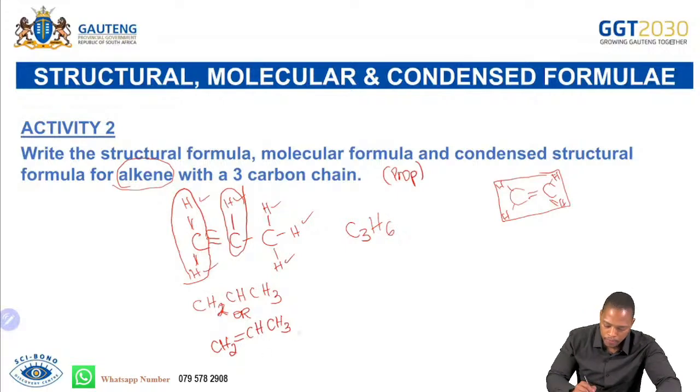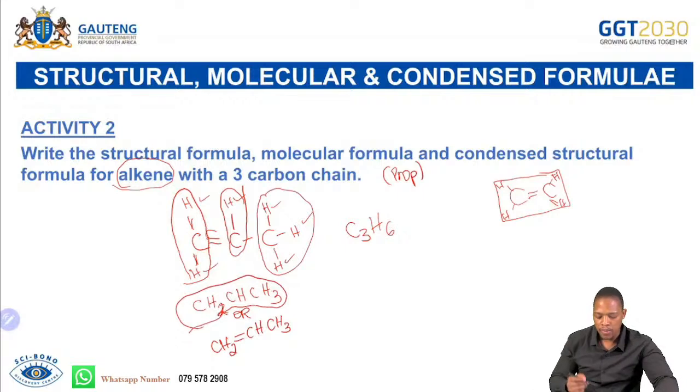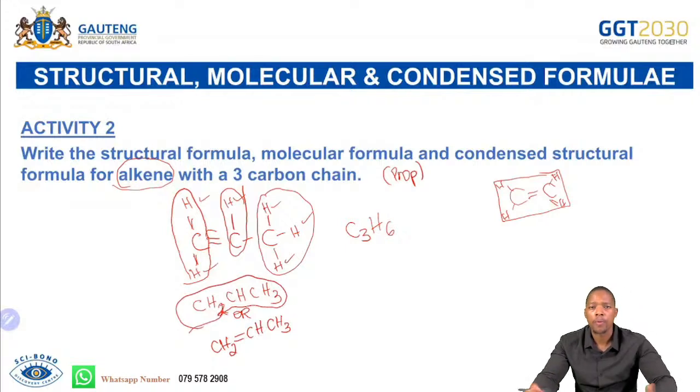But again, I'm not a fan of it. I'm a fan of this one because this one comes directly from my structural formula, because if I know how to take it directly from my structural formula, then I know how to take it from condensed back to the structural formula, because that's again the most important thing. I must be able to go forward and in reverse.